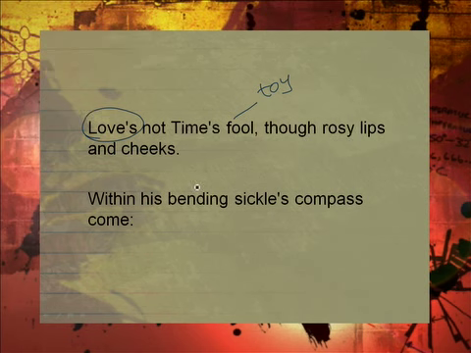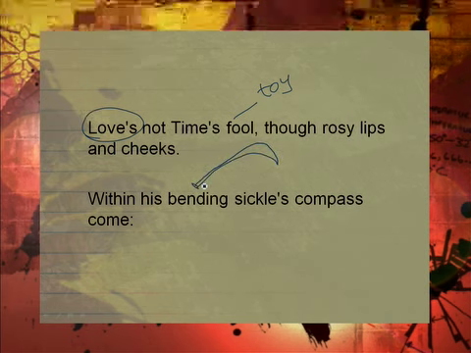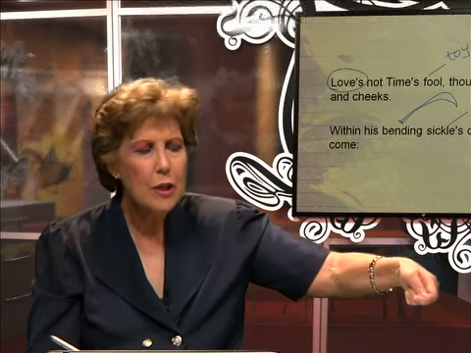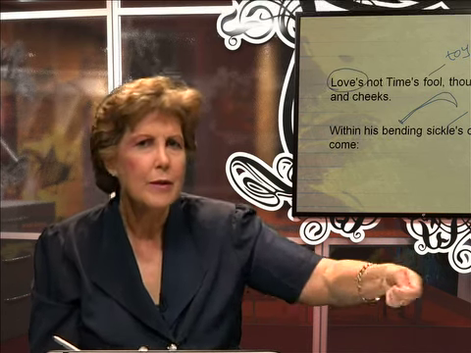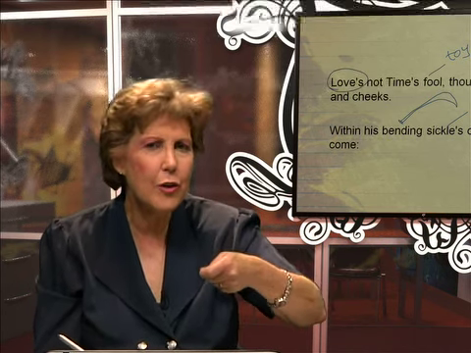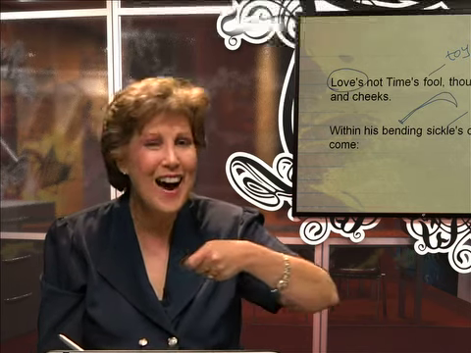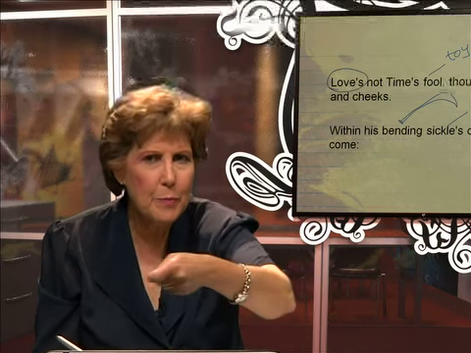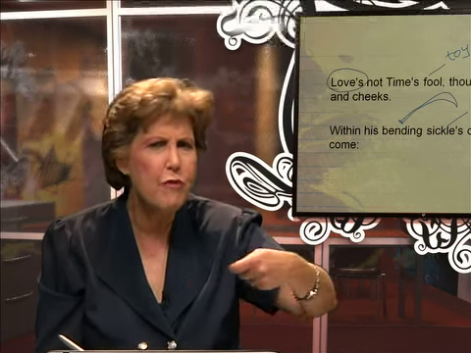So now we can draw that curved instrument that we saw in time's hands as a scythe or a sickle. So we can draw that, and we can imagine time chopping down in the way that somebody in agriculture would chop down. And what would he chop down if he were a farmer or a farm worker?